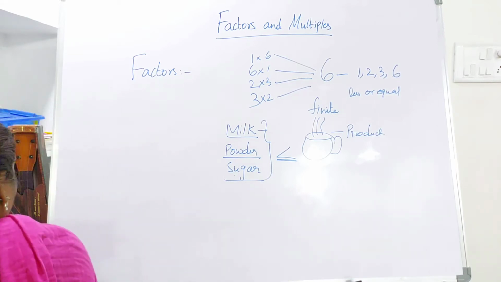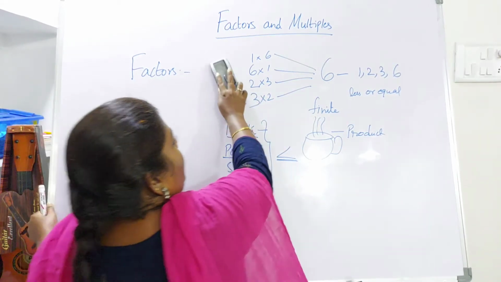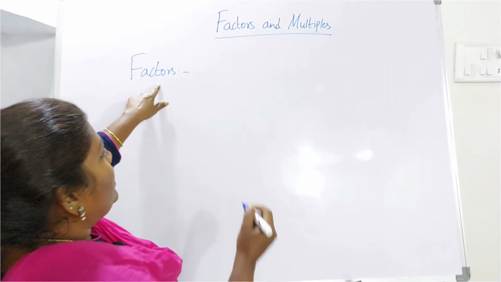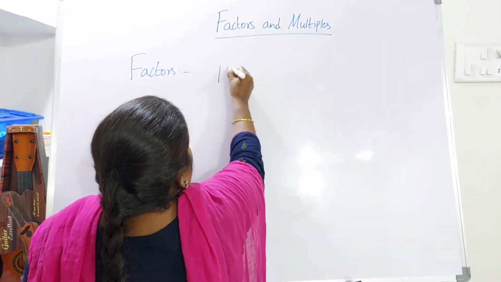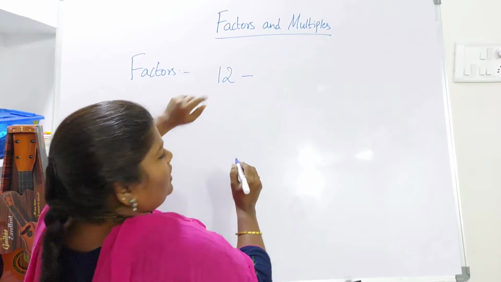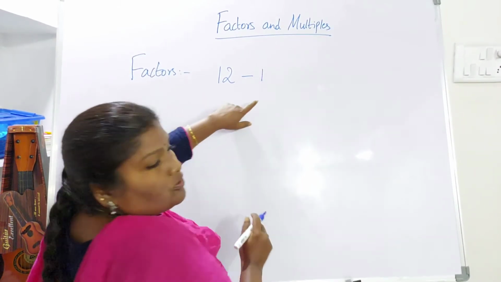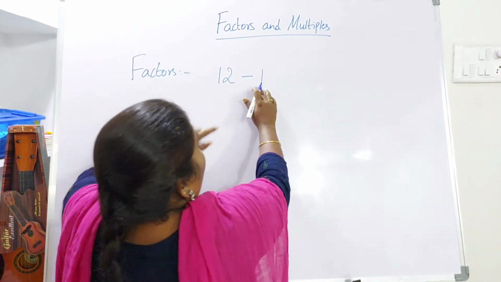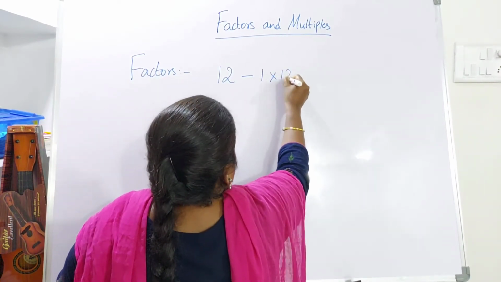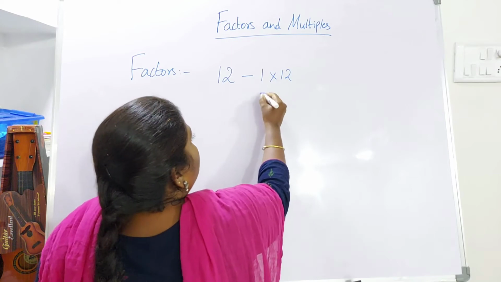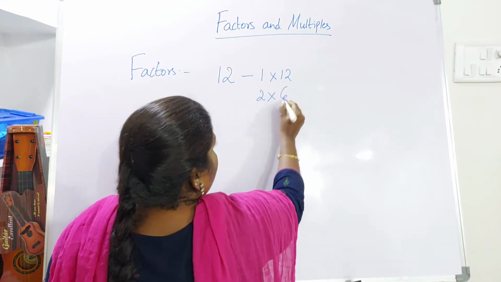So I'll explain by taking another example. I'm going to write the factors of 12. Start with 1. 1 is a factor of every number. So write 1 into 12. Then after 1 is 2: 2 into 6.